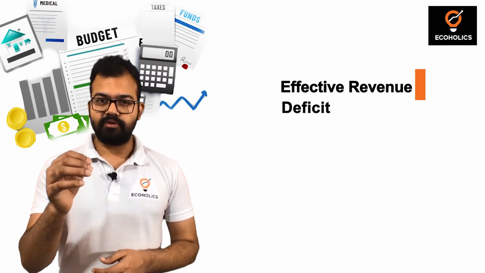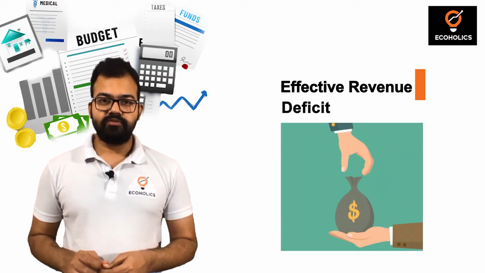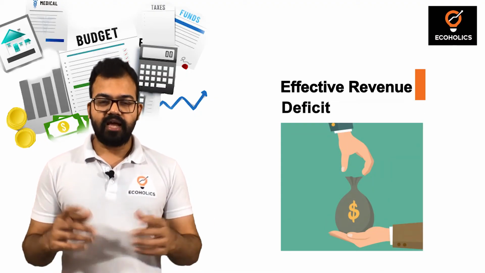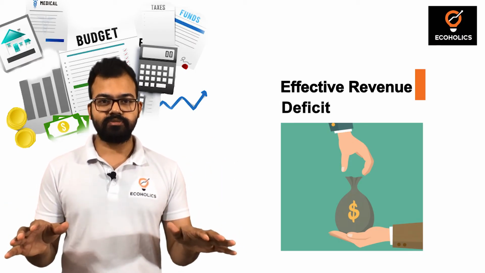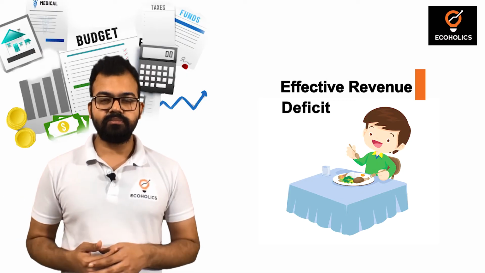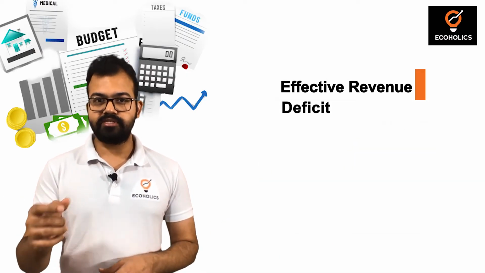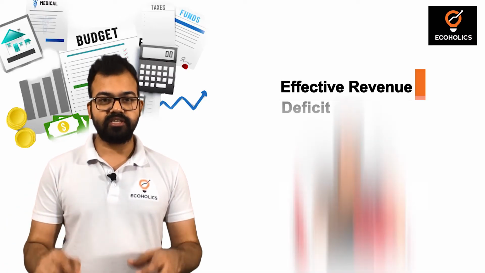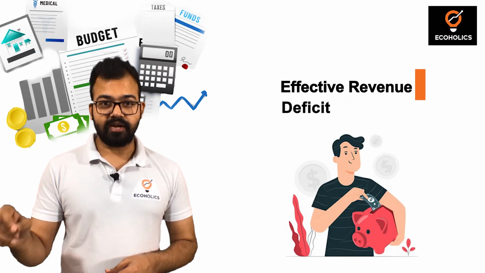For example, from daily life, suppose your father gives you 100 rupees, and according to your father that is revenue expenditure. It means you will eat something or spend with your friends. But from that 100 rupees, you save 50 rupees in your piggy bank. That is the capital expenditure. You are saving that money for the future.